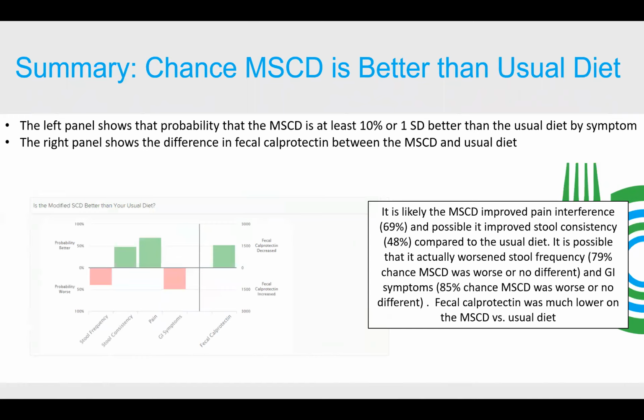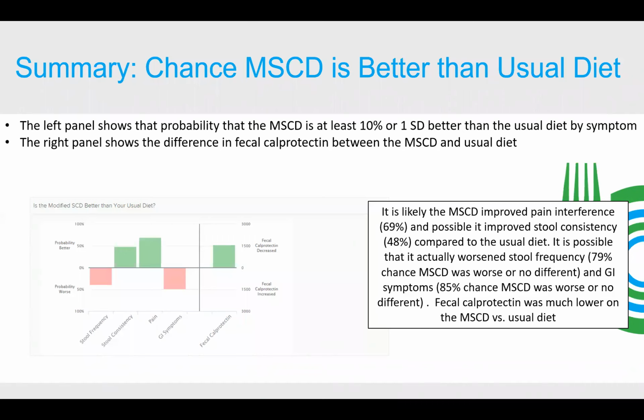We have a moderate sized bar for stool consistency, meaning that maybe there's a chance that stool consistency was better on the MSCD compared to the usual. And then we have not particularly big bars for stool frequency or GI symptoms in the opposite direction, indicating that probably there's no difference or a slight increase in probability that GI symptoms were actually worse on the MSCD. Although again, not a very tall bar.